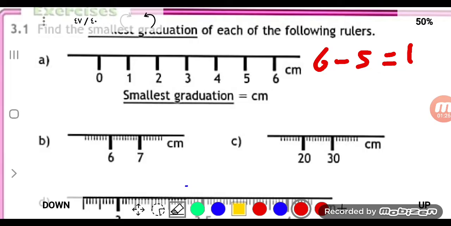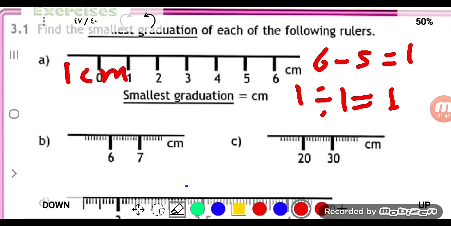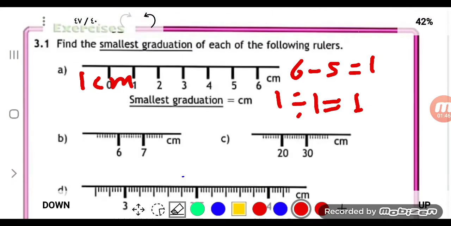Here I have one space between 6 and 5. So I divide 1 divided by 1. I get 1. So here, the smallest graduation is 1 centimeter. So the answer here is 1 cm. That is question A.